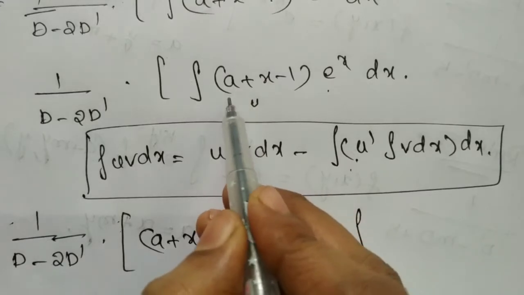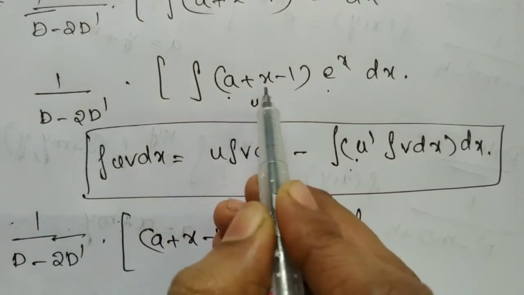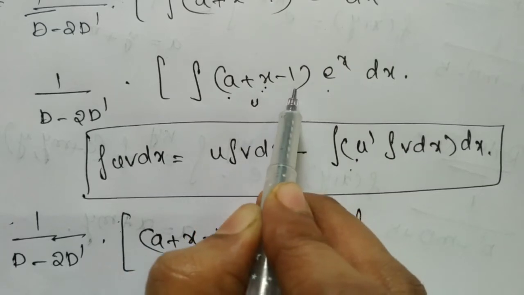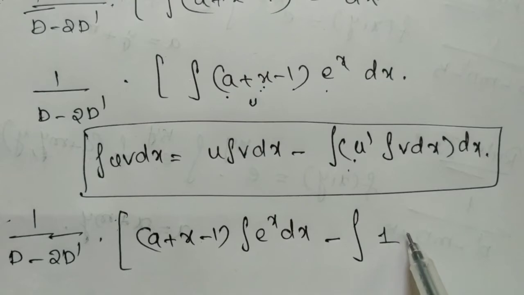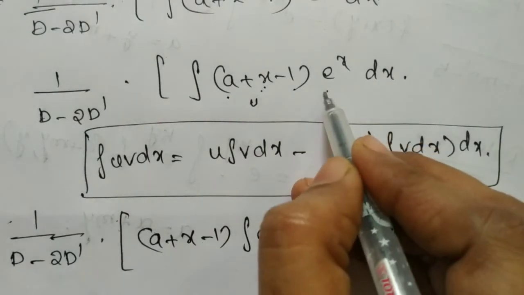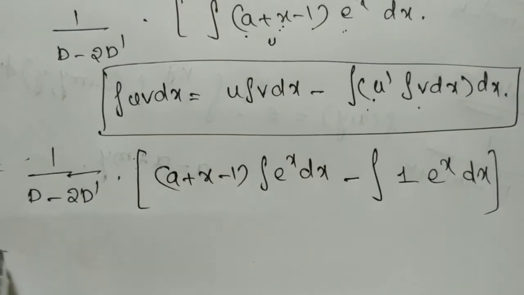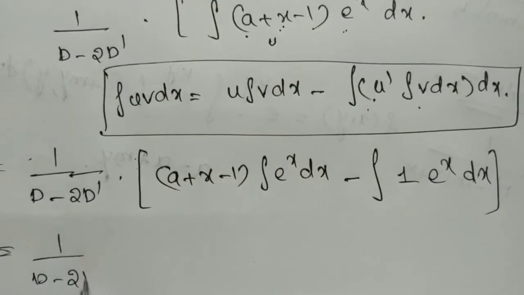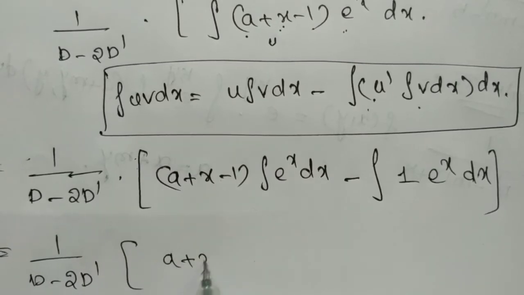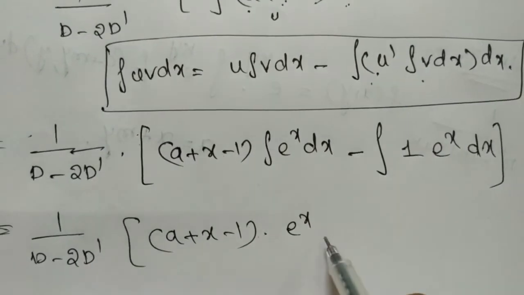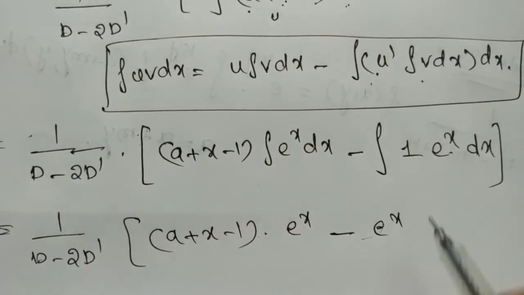Here u dash is 1, since d by dx of x is 1 and of the constant is 0, into the integration of e power x, which is again e power x dx. So the integration of e power x is e power x, minus the integration of e power x, which is again e power x. In both terms, e power x is common.